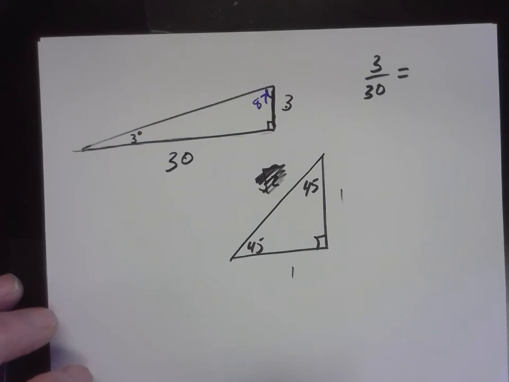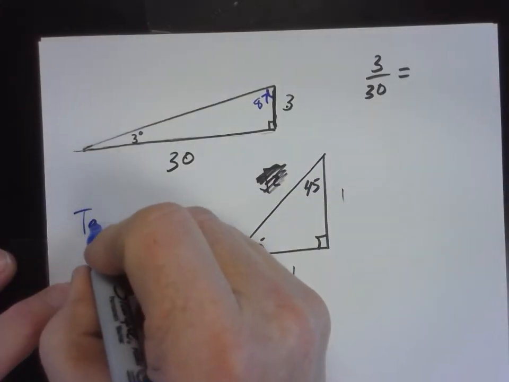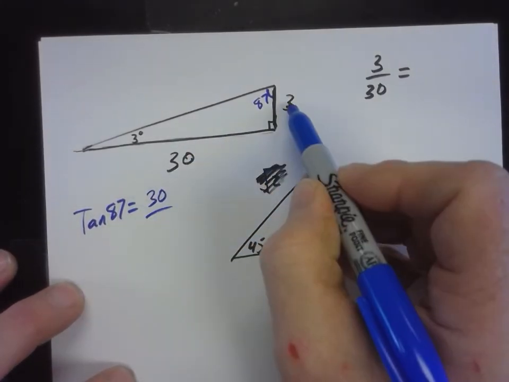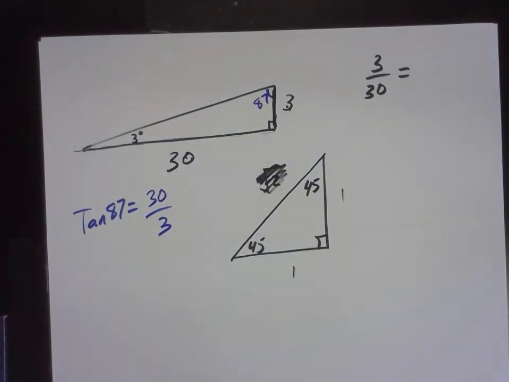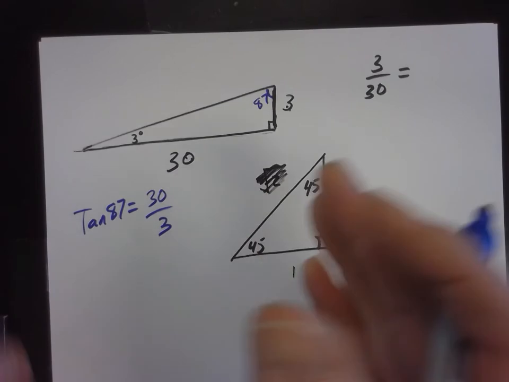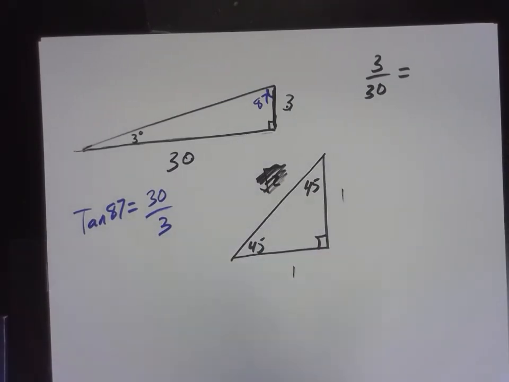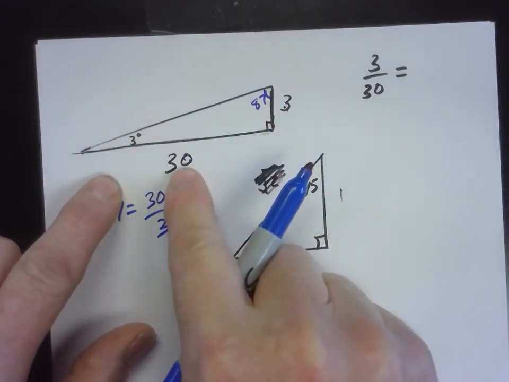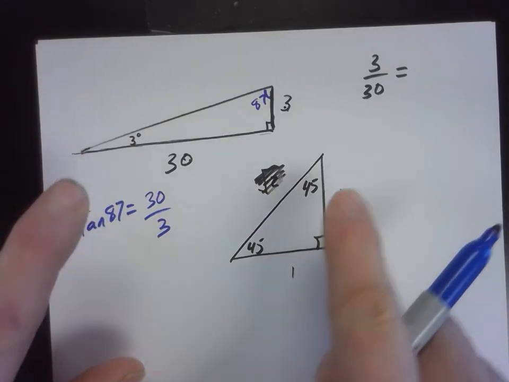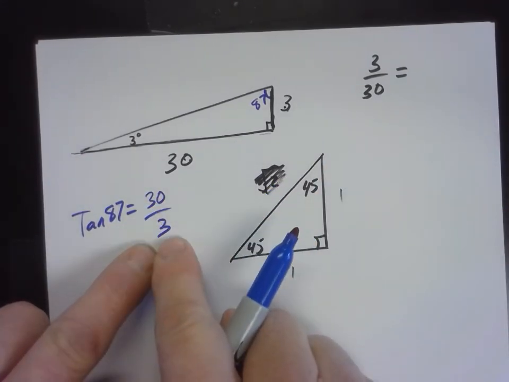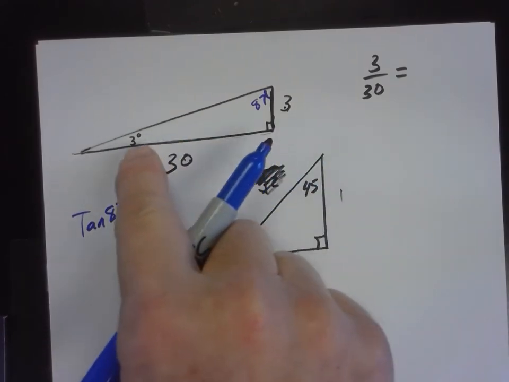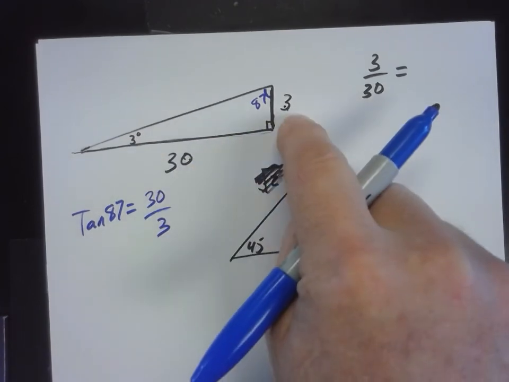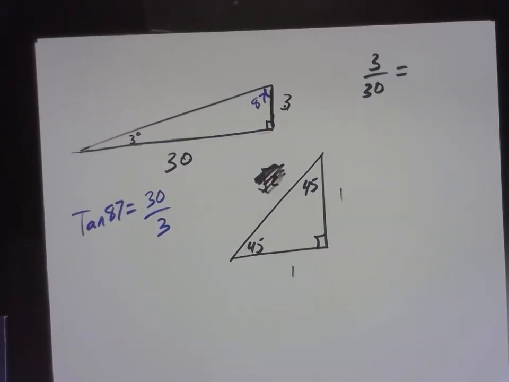Now the tangent of 87, we're looking at 30 as the opposite, and the adjacent's 3. So see how the tangent gets bigger? That relationship changes as the triangle changes. When you're looking at a small angle, it's a small number over a big number. At 45 degrees, it's 1 over 1, and when you go above 45, you get a big number over a smaller number. And as this number gets smaller, this angle is going to get bigger, and when you divide, you're going to get a bigger number. So that's why that happens.